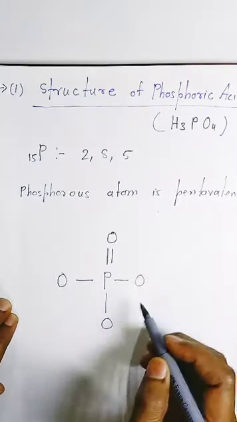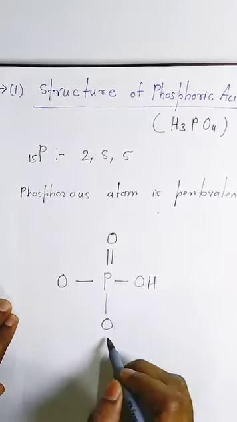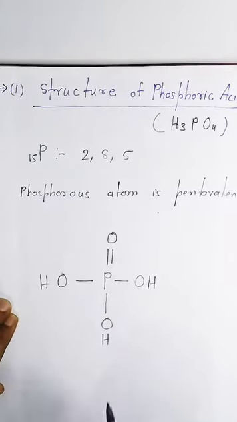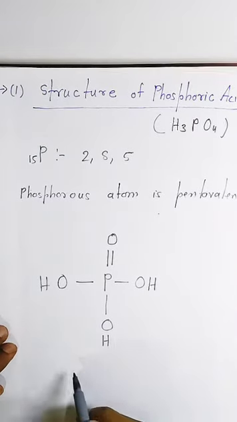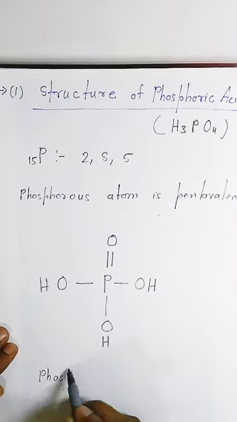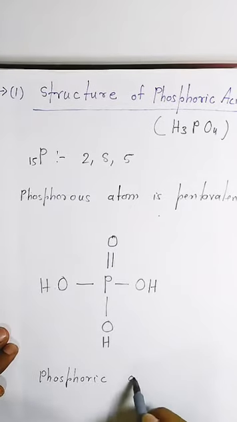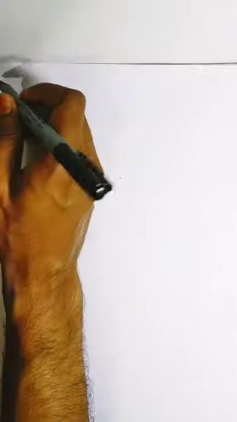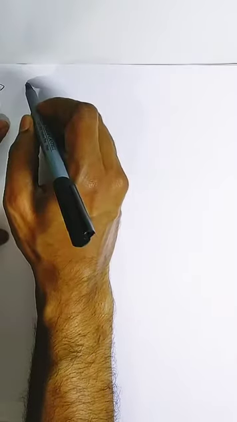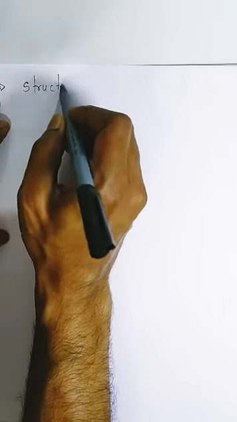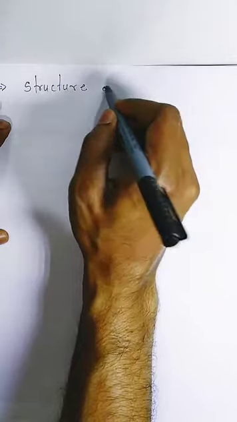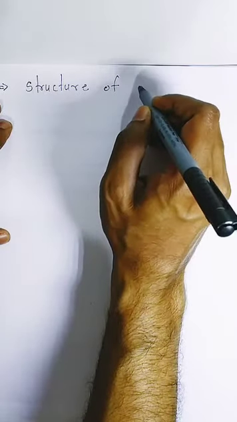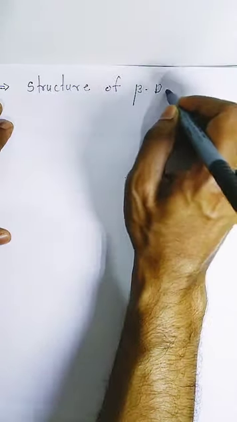This will be the definite structure of phosphoric acid. This is the structure of phosphoric acid. Now students, we will see the second structure, the composition, the structure of the sugar present in RNA, beta-D-ribose.